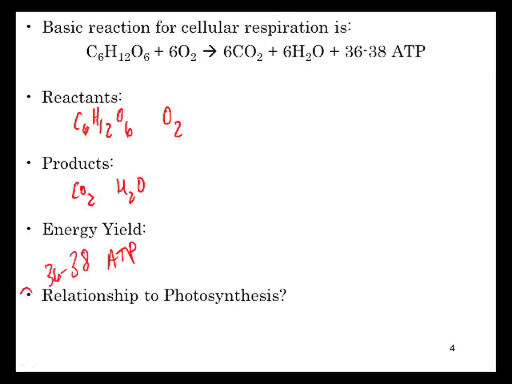And I'm sure you also learned the reaction for photosynthesis. And if you look at the reaction for photosynthesis, there is a connection to this cellular respiration reaction. Can anybody tell me what the chemical equation for photosynthesis is? Okay, so what would it look like? Carbon dioxide plus H2O.